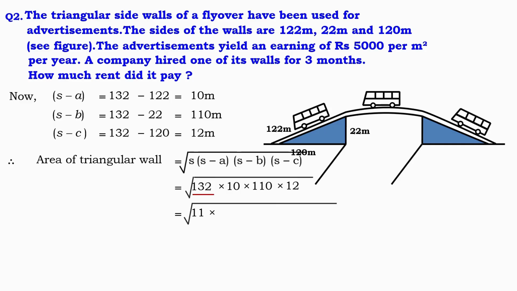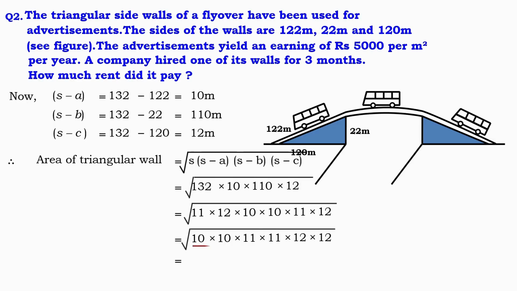Now 132 means 11 into 12. 10 we will keep as it is. Now 110 is 10 into 11, and 12 we will keep as it is. Now let us group the pairs. There are two 10s, two 11s and two 12s. Whenever we have a pair and take the square root, it comes out.